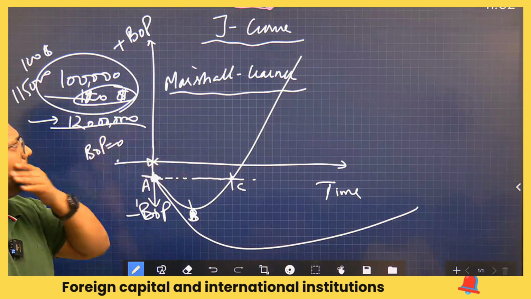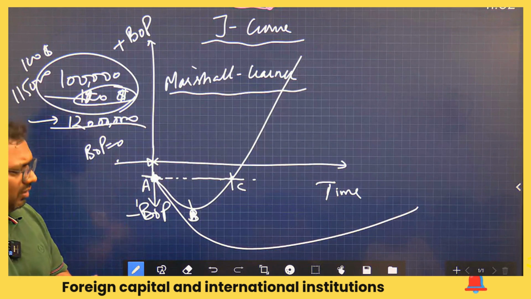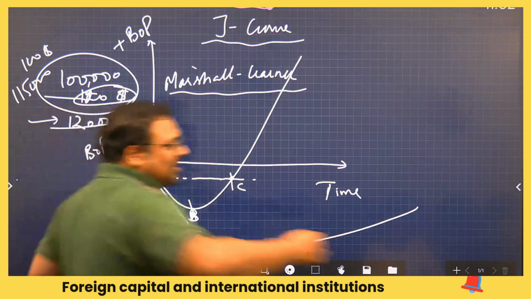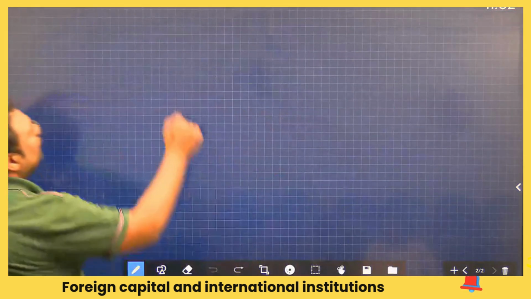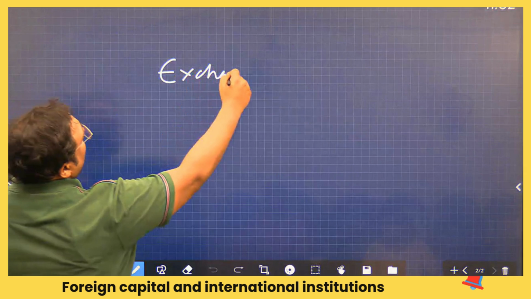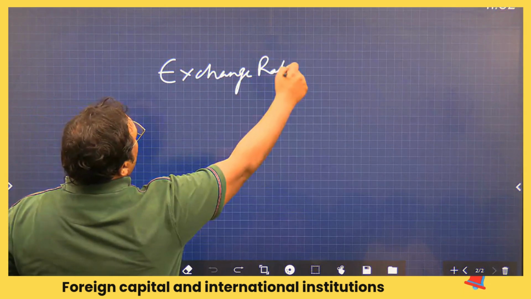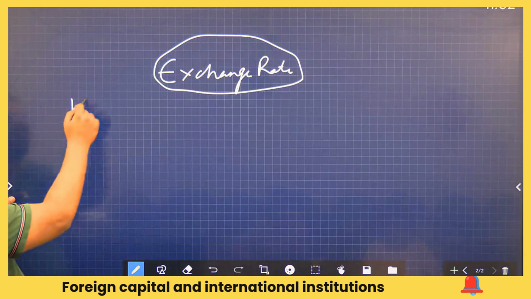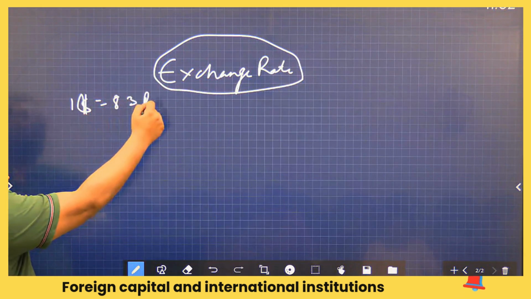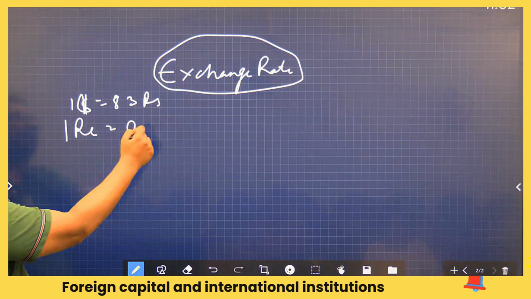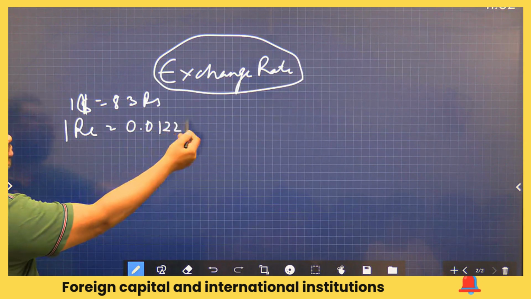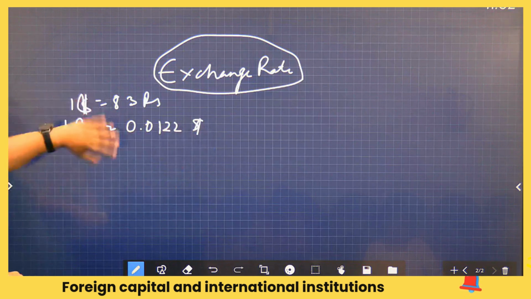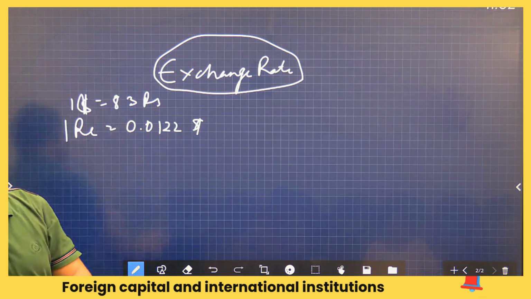So that's all. And with this, we have covered the exchange rate, basic exchange rate. Now, let us add more information to the exchange rate. So far, we have been using the term exchange rate. But now let us understand the exchange rate that we use day-to-day basis, that $1 equal to 83 rupees, or if we say Indian exchange rate, 1 rupee is equal to 0.0122 or 21 something dollar. Either of them is a nominal exchange rate. Okay.